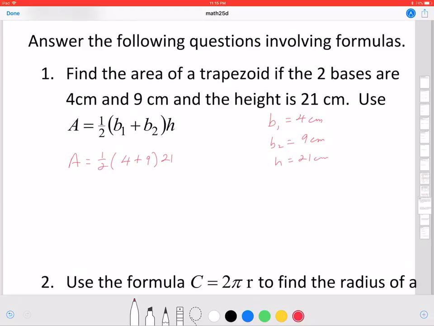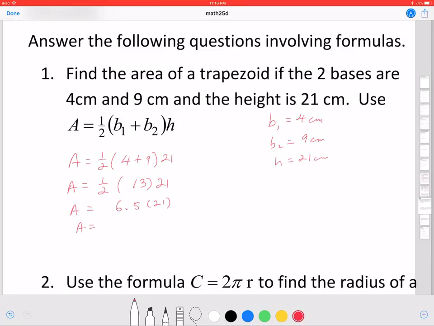So let's just do the computation using the order of operations. 4 plus 9 is 13, times 21. And half of 13 is 6.5, times 21. You can use a calculator if you wish.